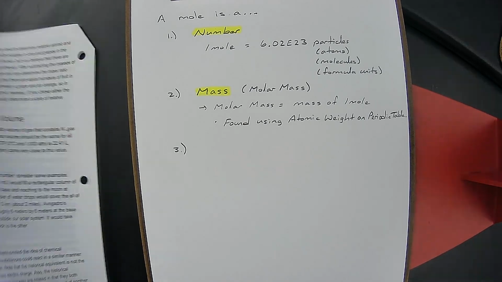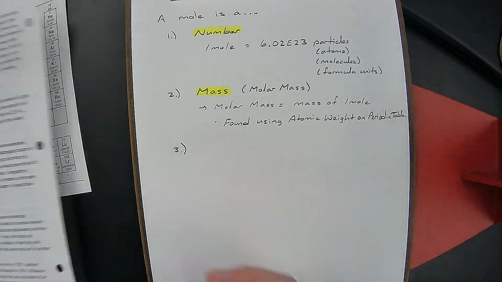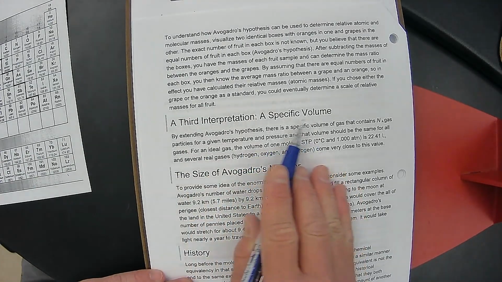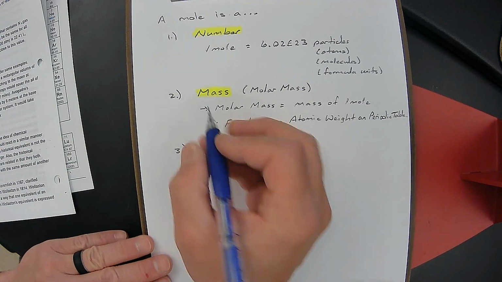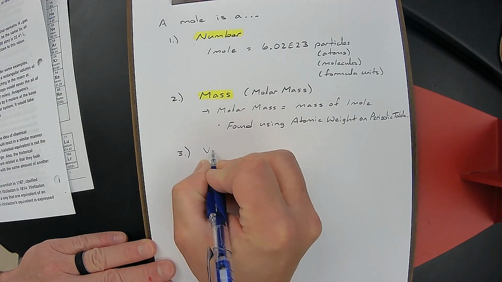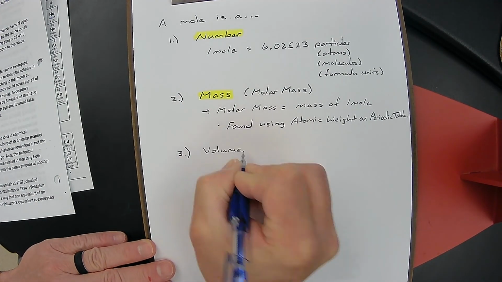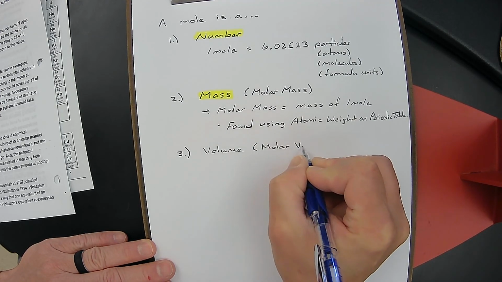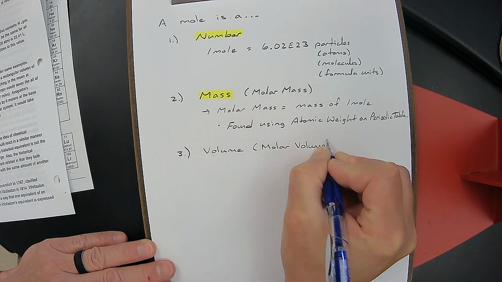In this video, we're going to look at the final piece, and the final interpretation of a mole is the volume. So here, the final piece is going to be volume, and we're going to be looking at what is called the molar volume.